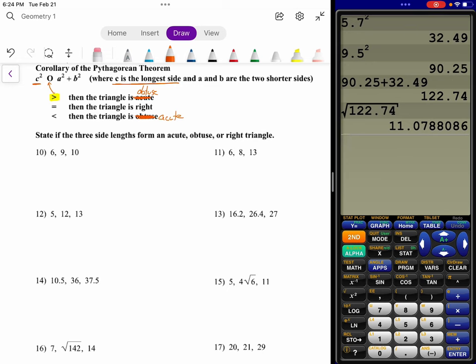So what we do is we start with the longest side squared. So that's 10 squared. And we're going to compare that to the sum of the other 2 squared.